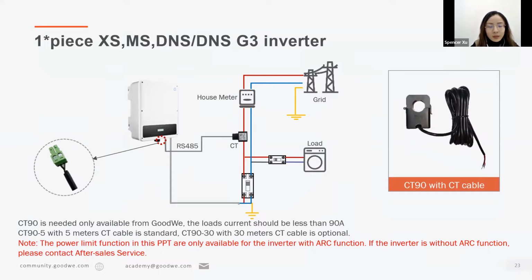In this case, the only device we need is a CT. So CT90 is a standard device for this case. Here, 90 means the maximum allowed load current of AC is 90 ampere.